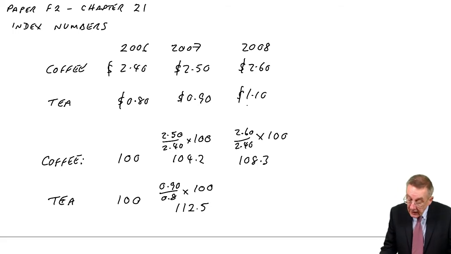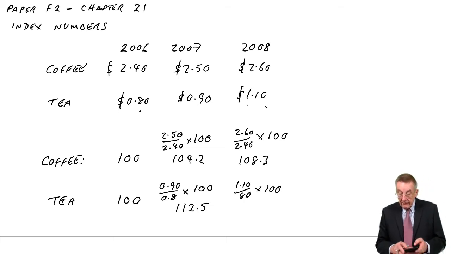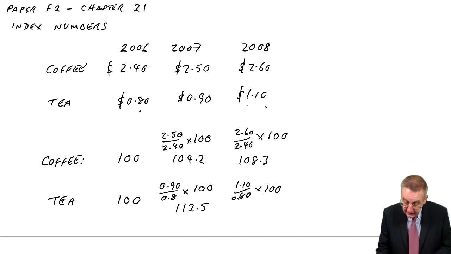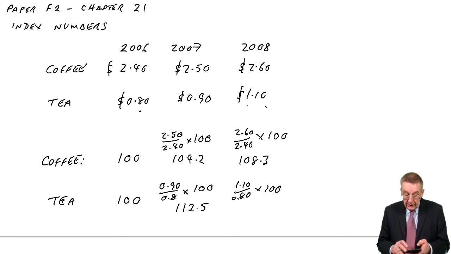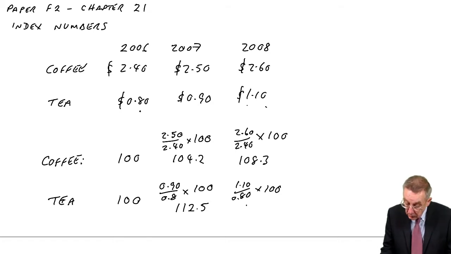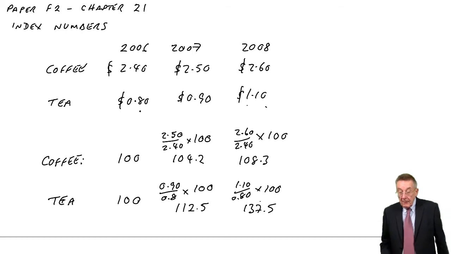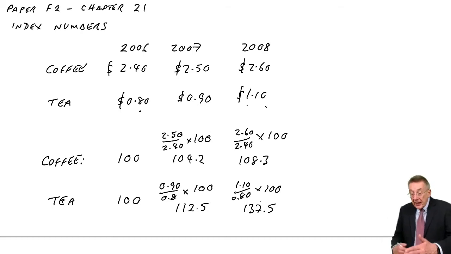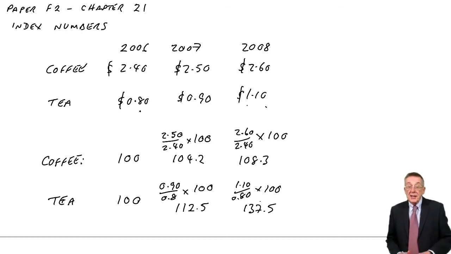And similarly, in 2008, still with 2006 as our starting point, our base, and the starting point's always 100, well, it had gone from 80 to 110. So $1.10 divided by 0.8 times 100. It goes to 137.5. And now, you see, we can compare coffee and tea.